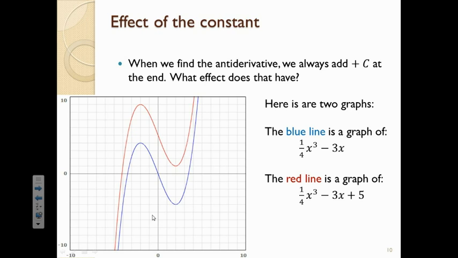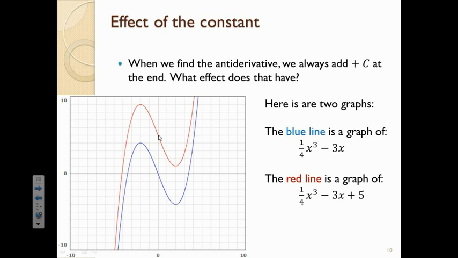So if we were taking the antiderivative of a function, we would usually say it's 1/4 x to the third minus 3x plus c out here. Well, if that c is 5, it's simply going to push it up here. That's the only effect that this has. Everything else is going to be the same. The derivative would be the same at all the points.